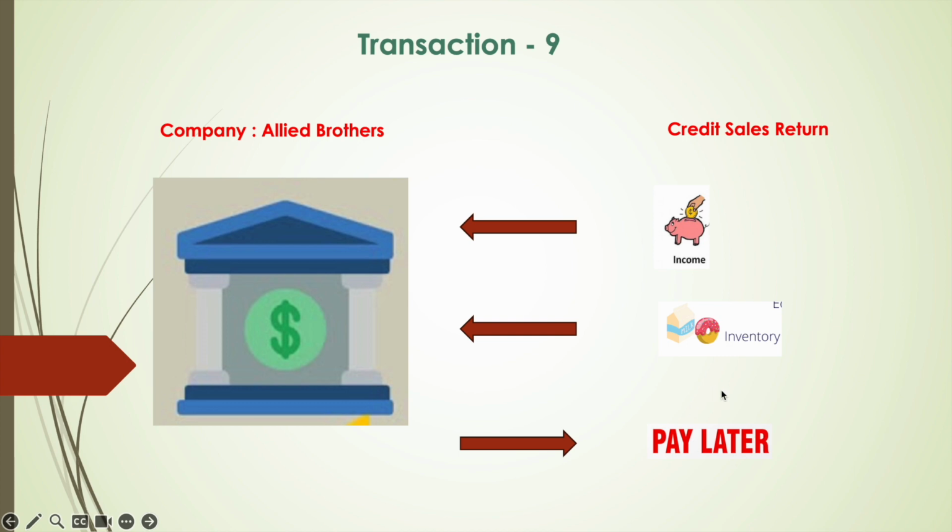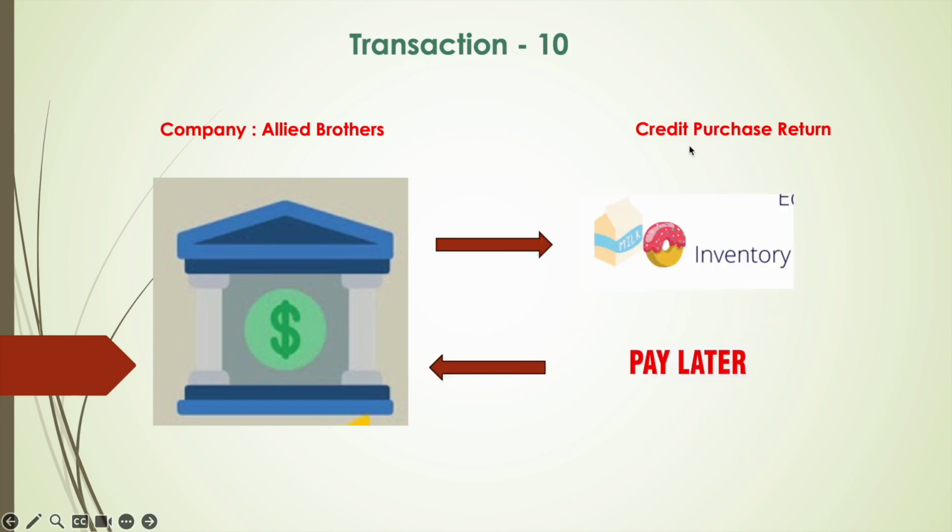If the return is approved, the seller issues a credit memo to the customer. A credit memo is a document that reduces the customer's accounts receivable balance by the value of the returned goods. Credit sales returns are an integral part of the sales process as they allow customers to rectify issues with purchases and help maintain customer satisfaction.